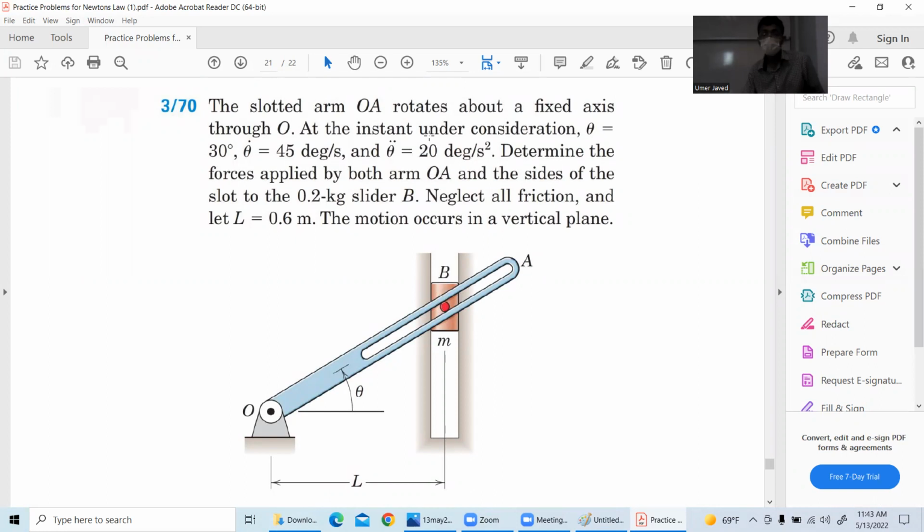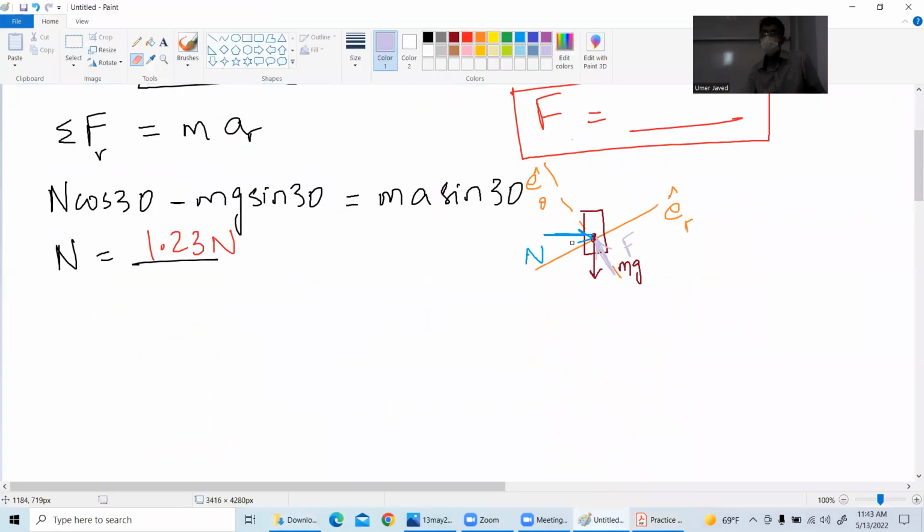And that's why in the free body diagram the forces are okay, but we found the velocity and acceleration. My point is that when you are writing the summation of forces in the radial and theta direction, you have to find AR and A theta.